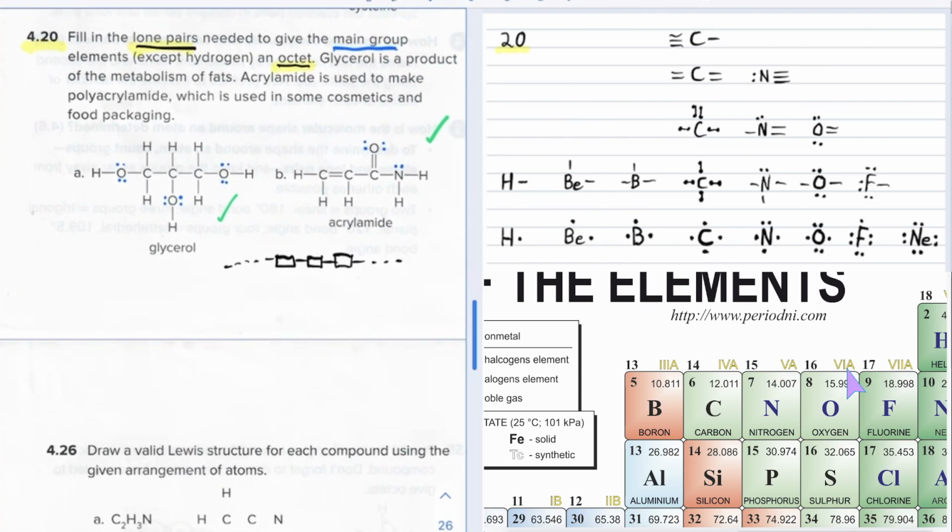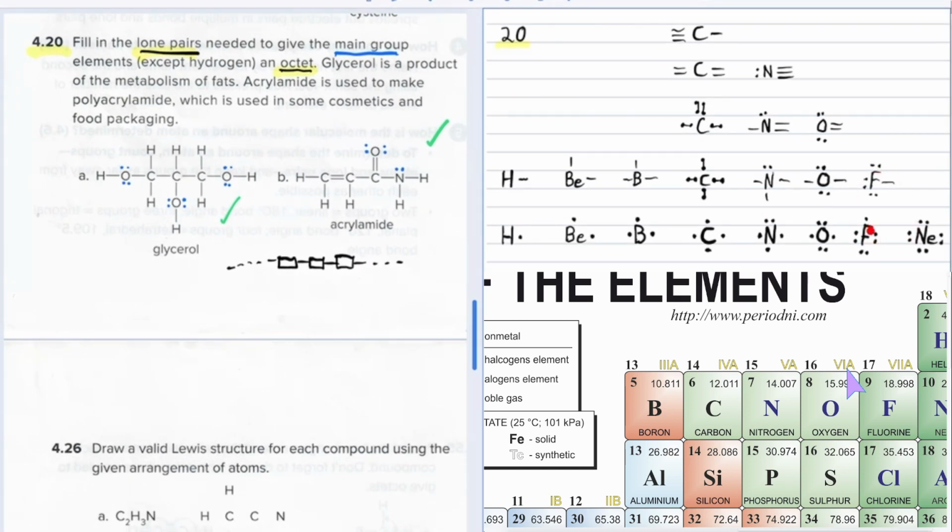Okay, I know we didn't get to the fluorines, but you should memorize how to do this, and at the very least memorize the main group elements, the big 4: hydrogen, carbon, nitrogen, and oxygen.